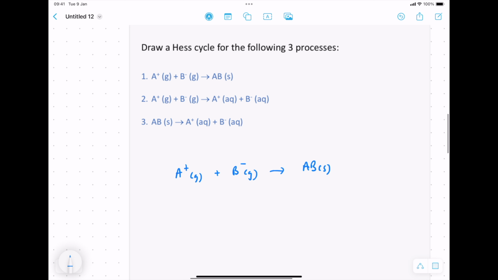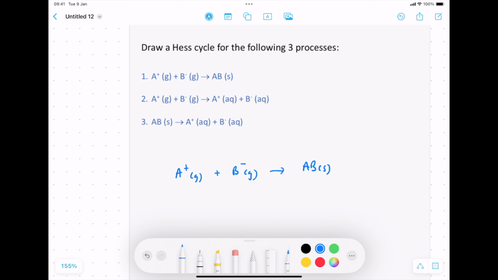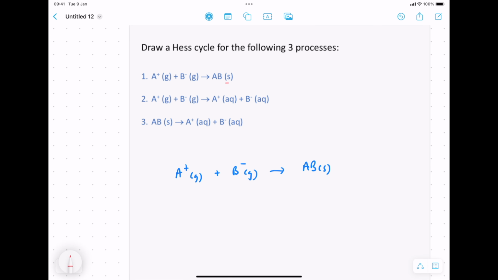So it'll be A+ plus B- goes to AB(s). And the way to create Hess cycles is to look for links between the different processes. I can see that AB solid is produced in reaction number one, and I can also see AB solid is being dissolved in process number three. So there's my link.